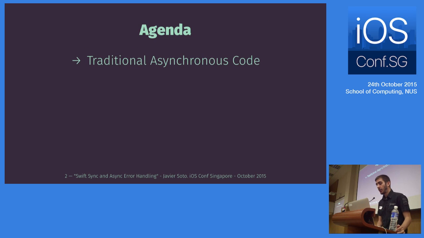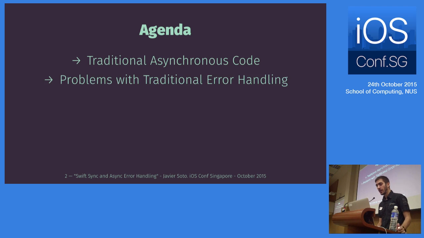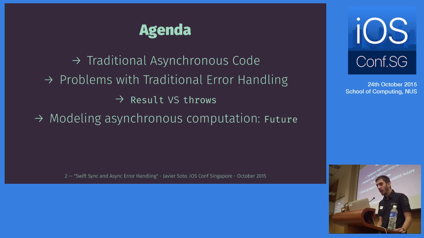We're going to look in particular at asynchronous code because it makes error handling harder, see some issues that some may not have realized or run into when writing that asynchronous code and doing error handling, and a couple of ways of dealing with errors in Swift, especially with Swift 2.